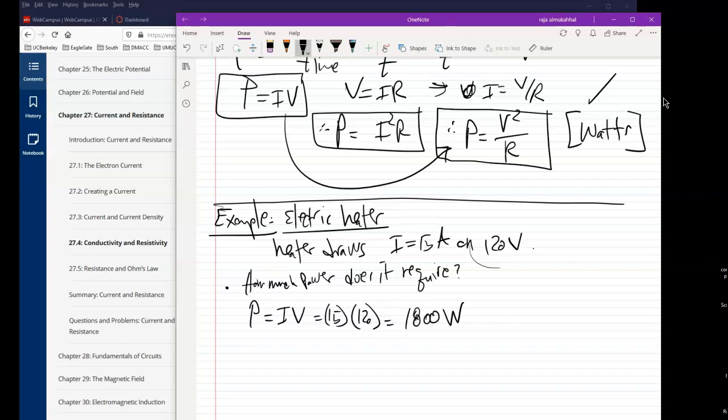What does that mean? It means 1,800 joules per second. So this heater is consuming or dissipating 1,800 joules every second. That's a lot of heat. That's a lot of energy consumption. But anyway, there it is. That's the first part.